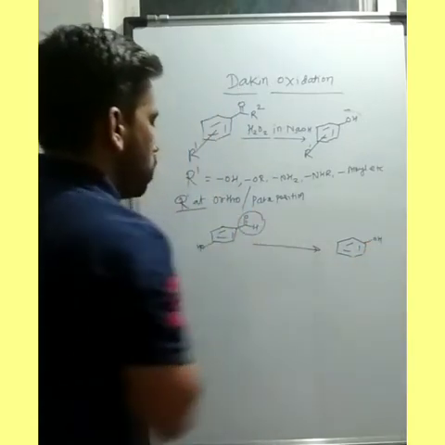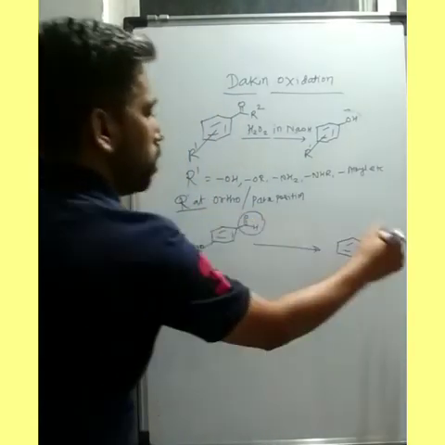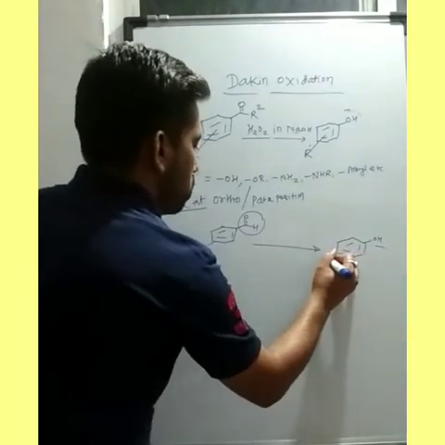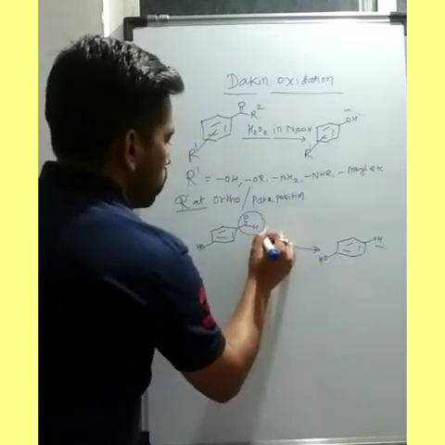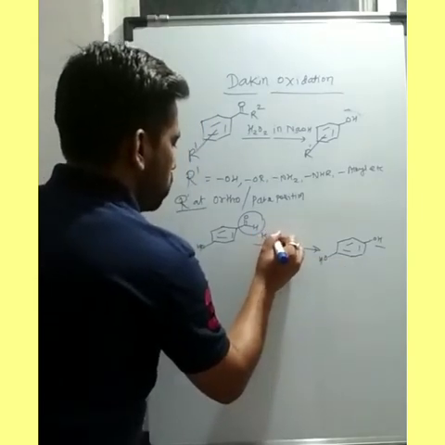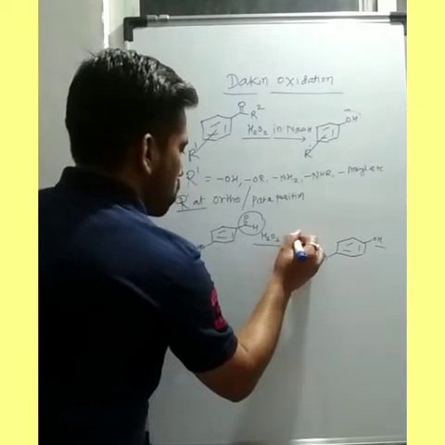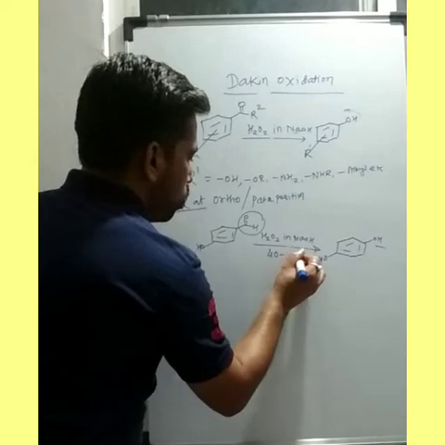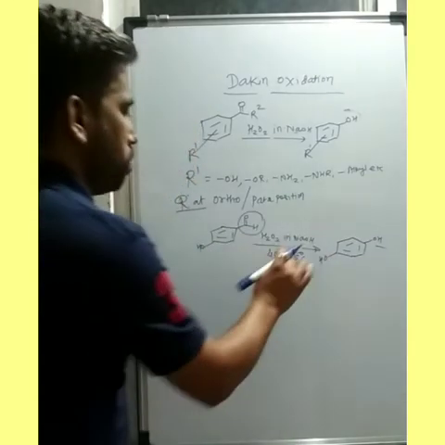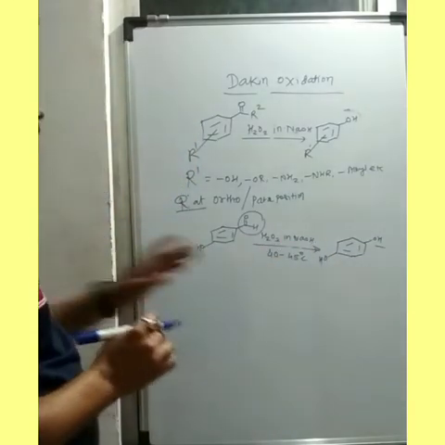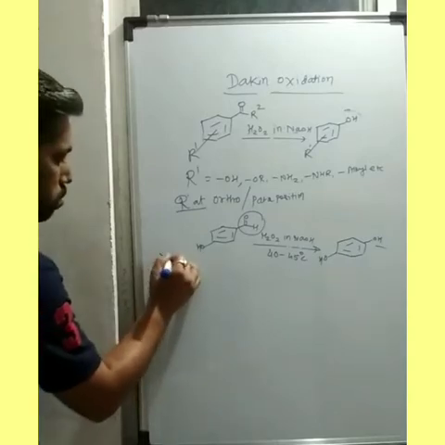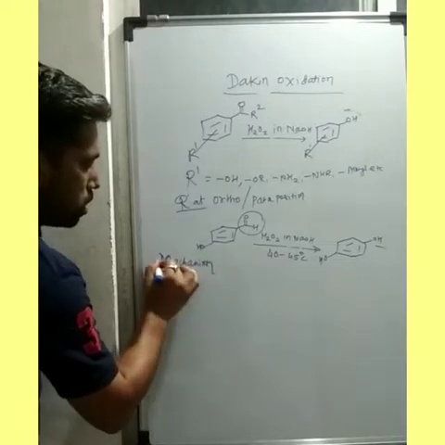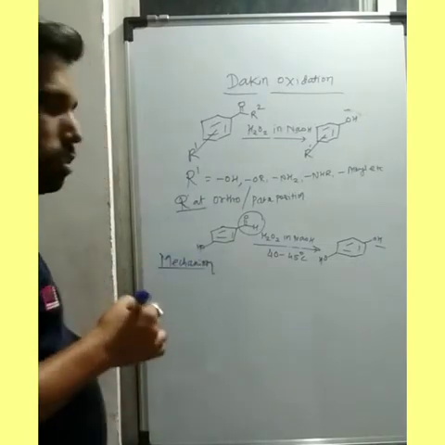This CHO group is converted into the corresponding phenolic OH group in the presence of alkaline hydrogen peroxide at 40 to 45 degree temperature. Now see the general mechanism for the Dakin oxidation reaction.